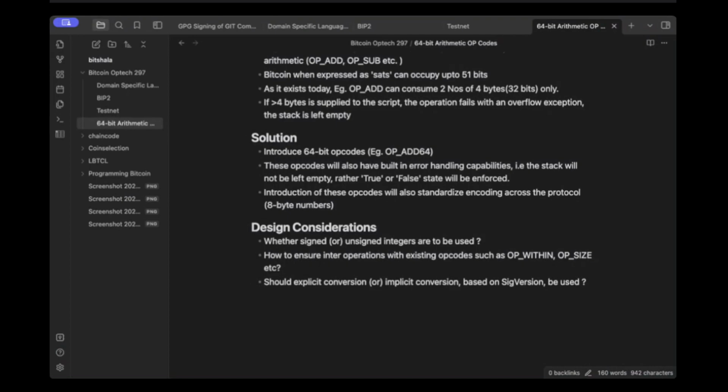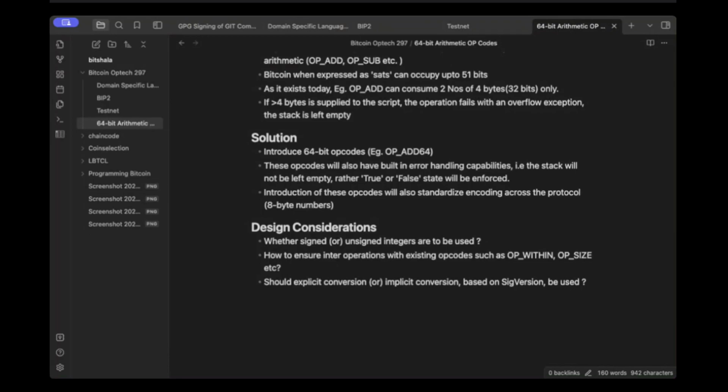another design issue being considered is whether there should be explicit or implicit conversion opcodes. If the design choice is explicit conversion, then before using a 64-bit opcode, the script writer has to specify to the compiler or script engine that from then on they will be using a 64-bit opcode.